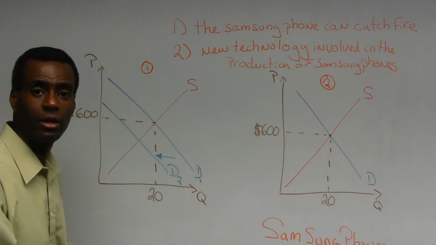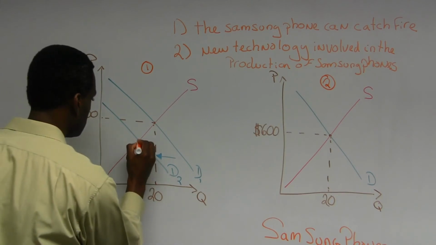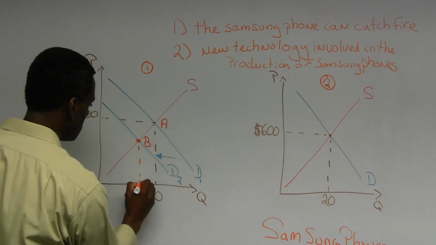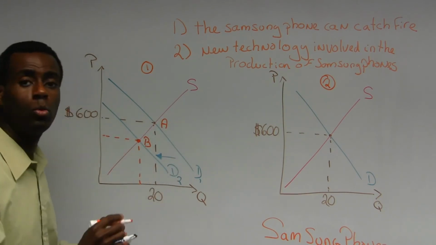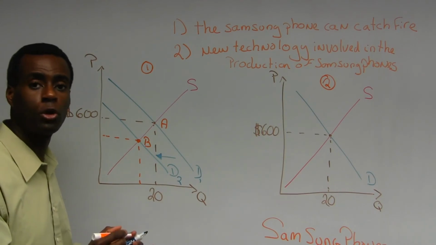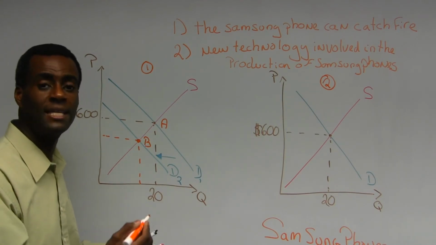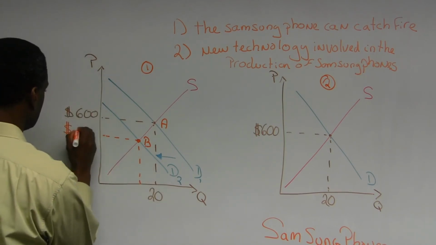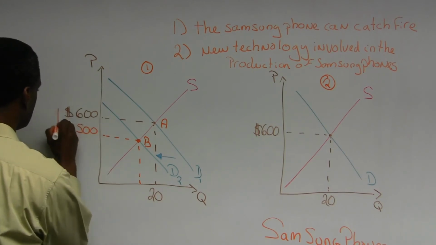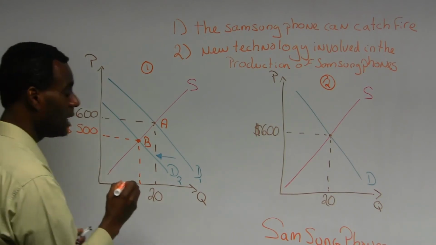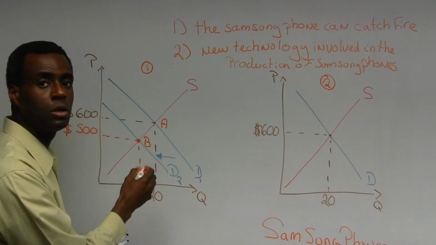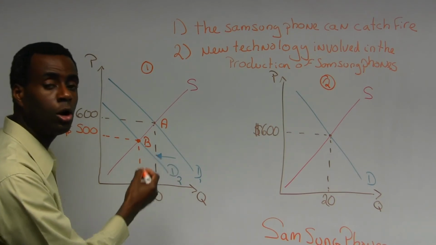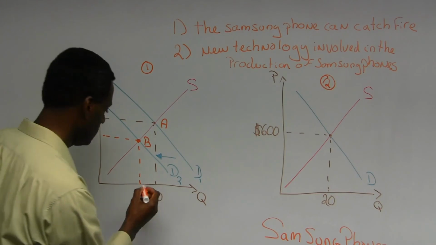We now have a new equilibrium price. And what we notice is that the pressure on the price of the phone is at a decrease. And that the pressure on the phone as far as the quantities are concerned also tends to cause a decrease.